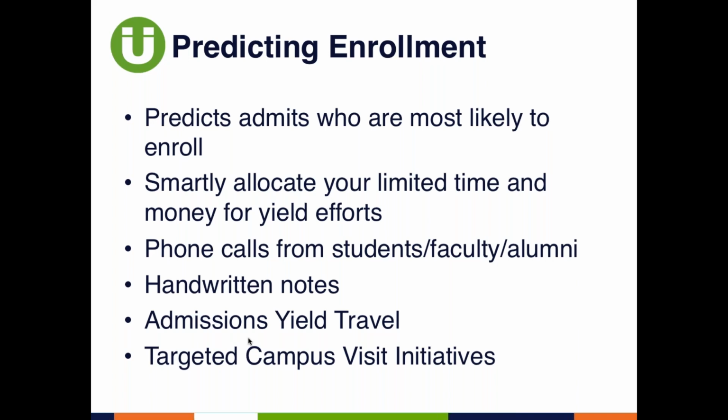But in the enrollment and yield space, there's an absolute ceiling on what you're able to do. And with applicants, we were talking largely about allocating money. When you start talking about enrollment, you're allocating money, but you're also allocating your time. You have that limited window, maybe a month or two, when you can really make an impact on students. And so you have to really prioritize.